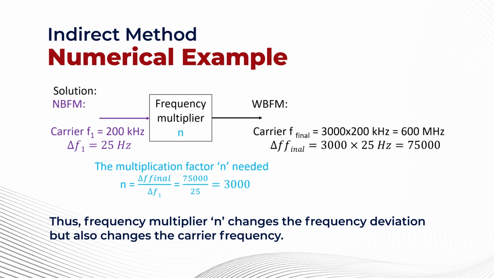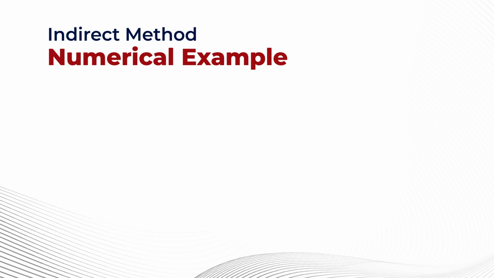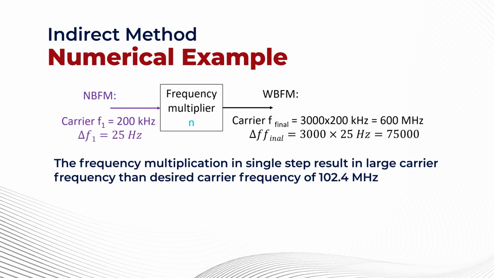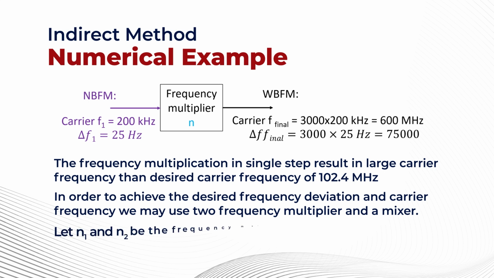So, in order to maintain the final carrier, we need to introduce one more frequency multiplier and pass it through a mixer section. So, the modified model would be the narrowband FM, then a frequency multiplier stage 1, then a mixer, and then the second frequency multiplier stage 2.